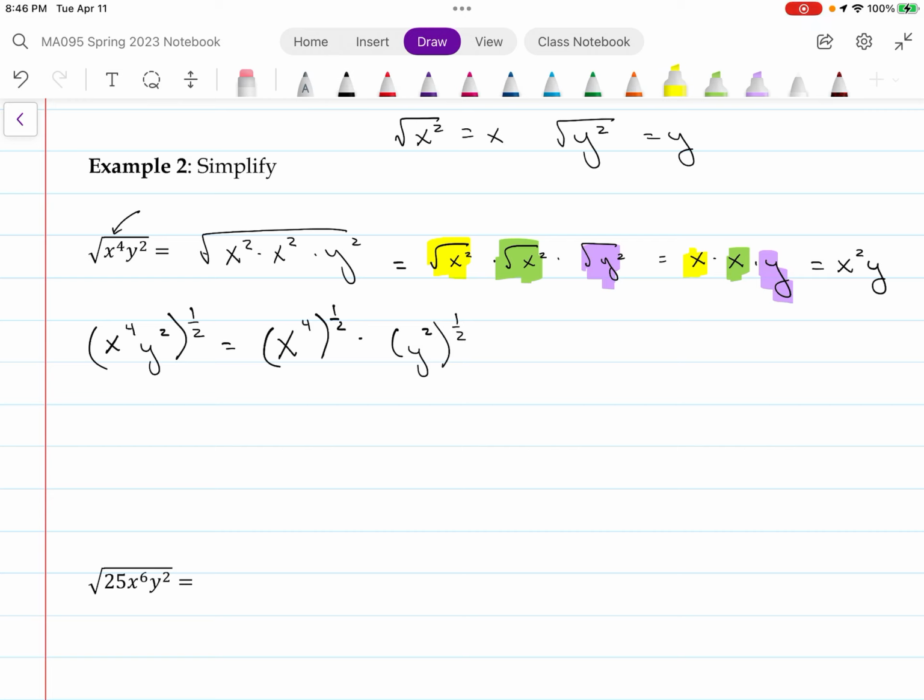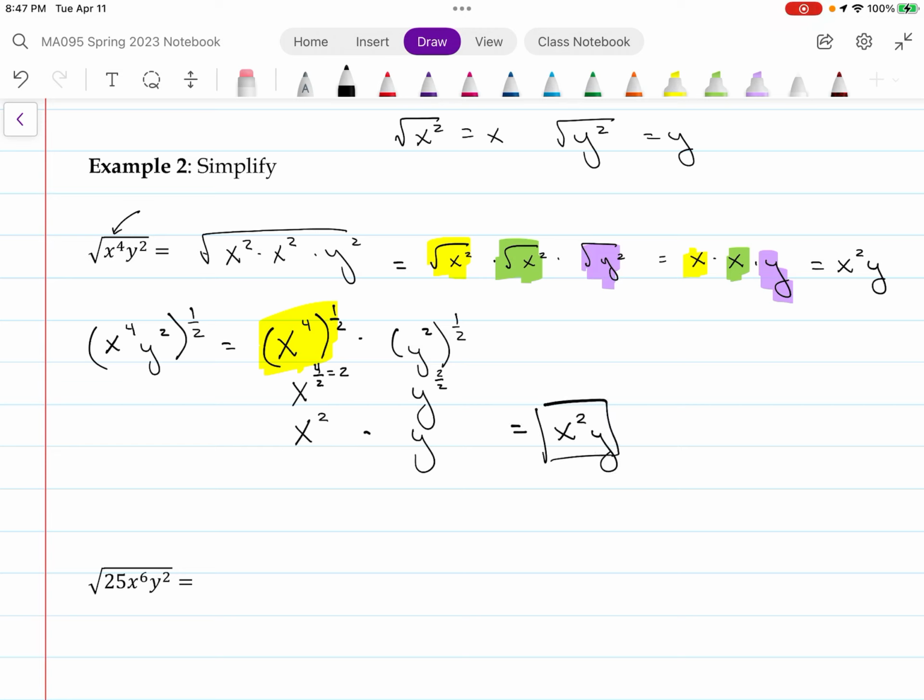All right, so let's work on the x to the 4th to the 1/2. So that part right there is going to be x to the 4 times 1/2, which is 4 halves. Well, 4 halves is 2, right? So this becomes x squared. And then we've got 1/2 of 2 here, so this is y to the 2 over 2, which is just y. So again, we get x squared y.